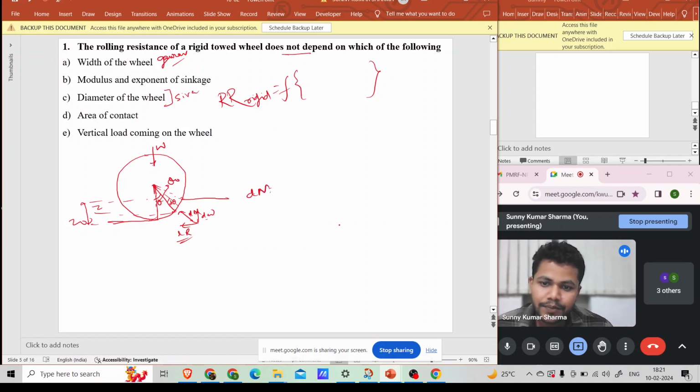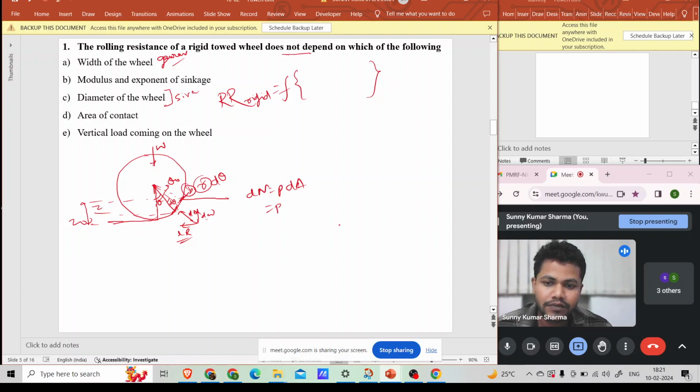So our dn will be pressure into this dA, and this dA is the curve length, that is r d theta, into the width of this wheel. Suppose the diameter of the wheel is d, and radius is r, then r d theta is the arc length, and the width of the wheel we take as b.